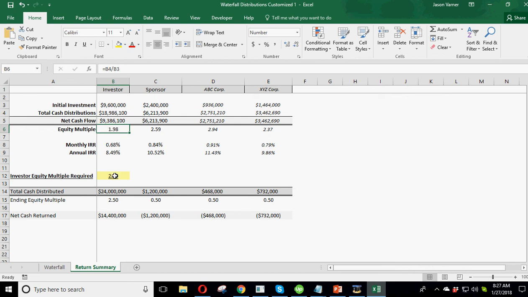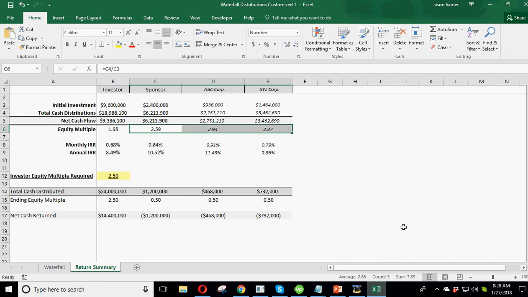If that is the case, then the cash flows are readjusted to meet this multiple for the investor, and then the sponsor gets whatever's left of the cash flows. It could be even negative, and then these two are split according to pari passu. And this assumes if this equity multiple is not met, then no hurdles are given.